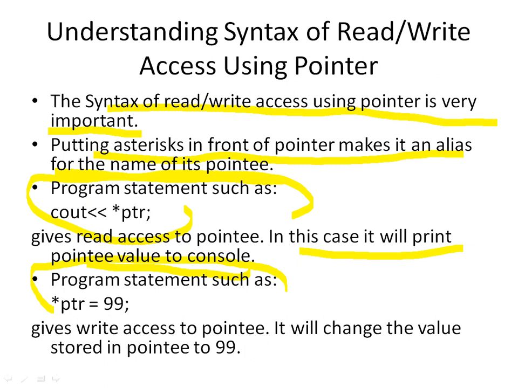A program statement like this one gives write access to the pointee; it will change the value stored in the pointee to 99. Okay? So please understand the syntax of read and write access, or the syntax of dereferencing. This is also called indirection, by the way, which is a very cryptic term. But once you understand what it does, the name of it will not matter too much.